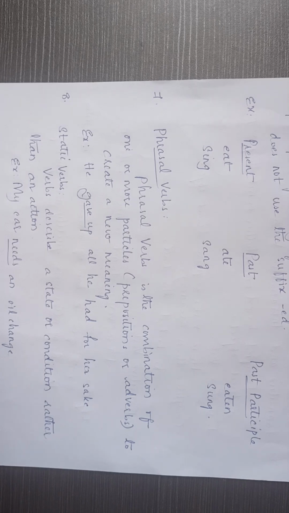So example here, my car needs an oil change. So here in this sentence, what is the verb? Needs. So it describes the condition of the car, that the car needs an oil change. So it describes the condition.